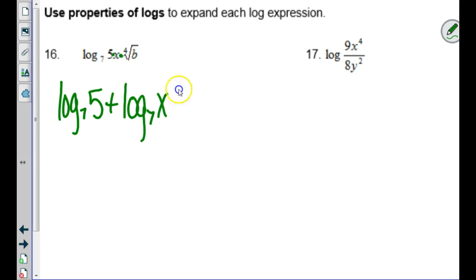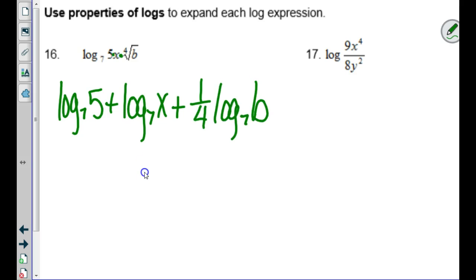Then it's times plus 1. Okay, so this was a log b to the 1/4 power, and then this guy went out in front. Are they right? Yeah. Those crazy boys, okay.